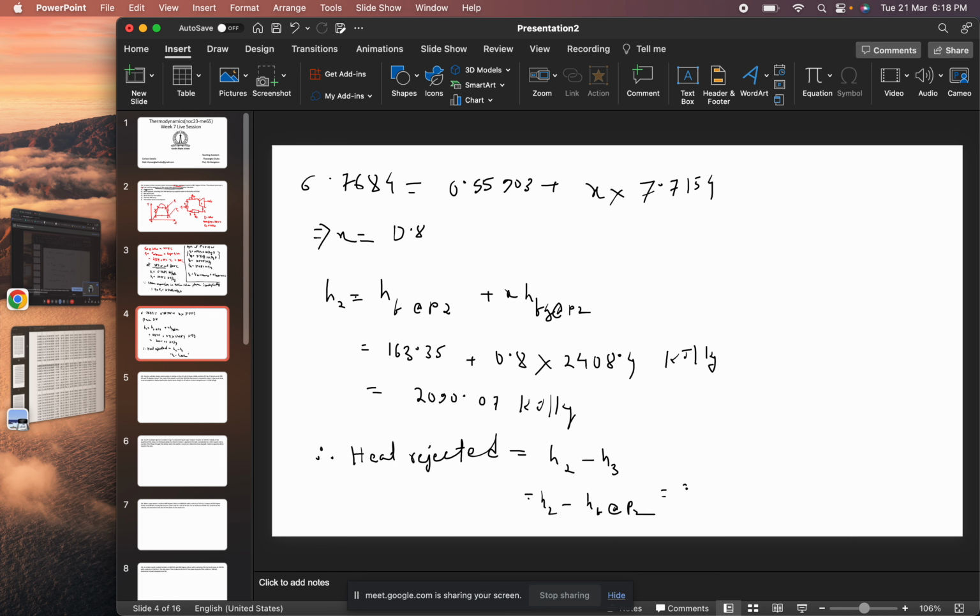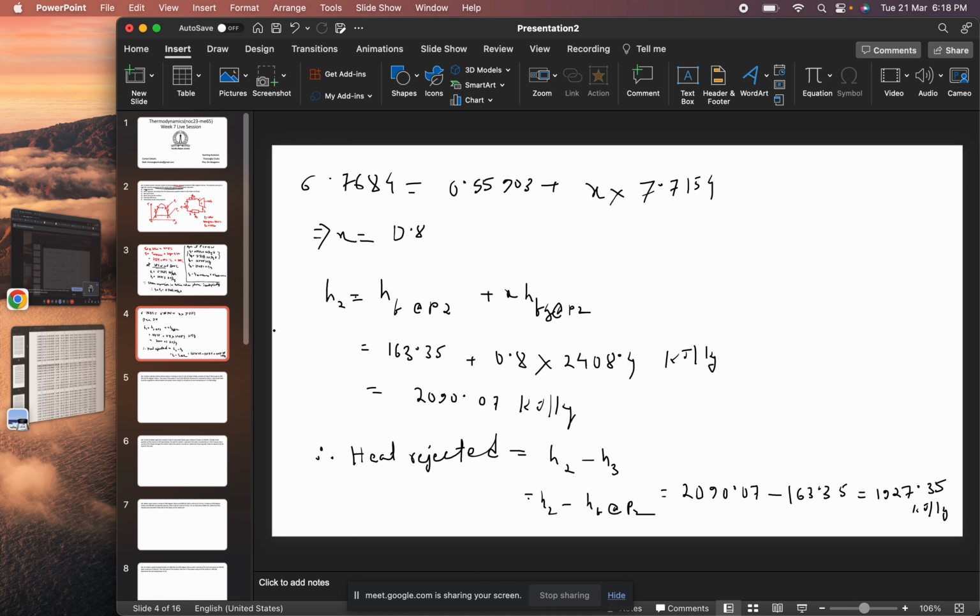So H2 is 2090.07 and HF is 163.35. From here you will get 2090.07 minus 163.35, which is 1927.35 kilojoule per kg. Okay, so we have got the first answer.